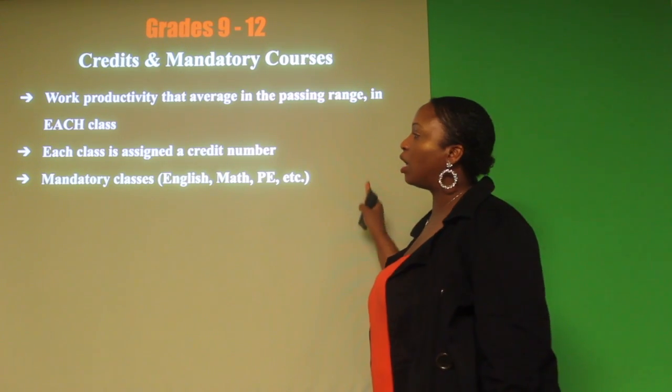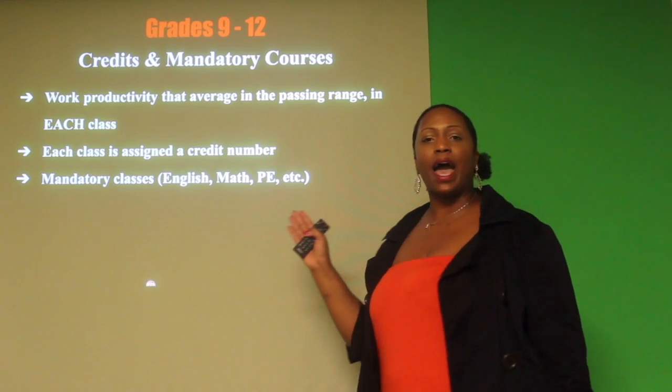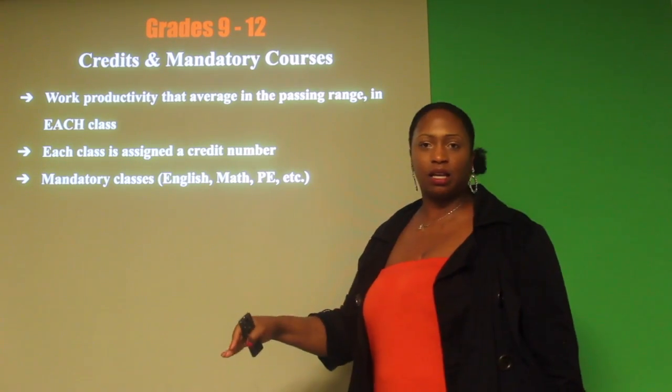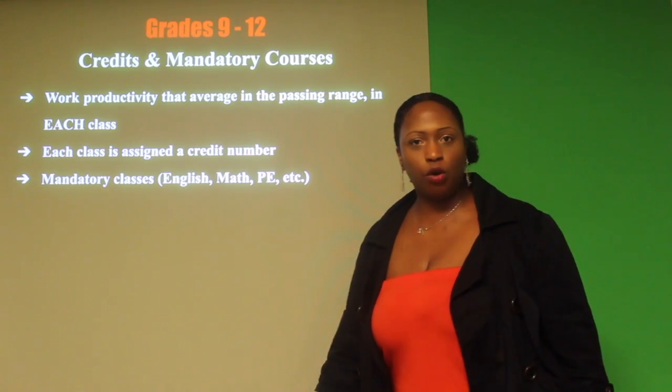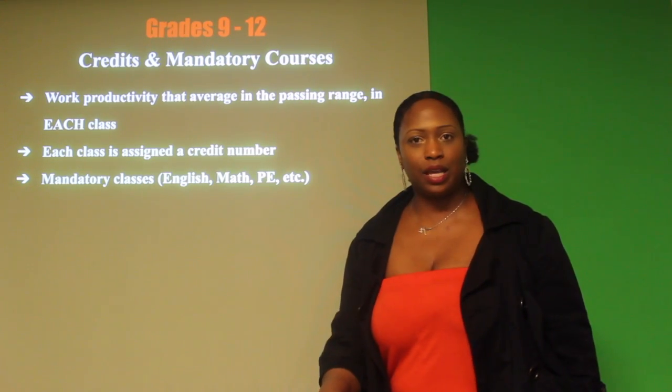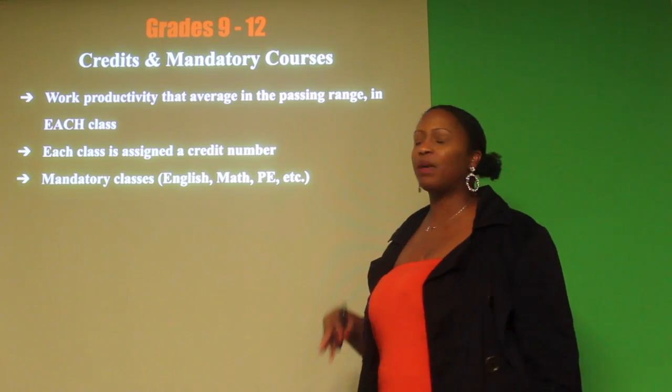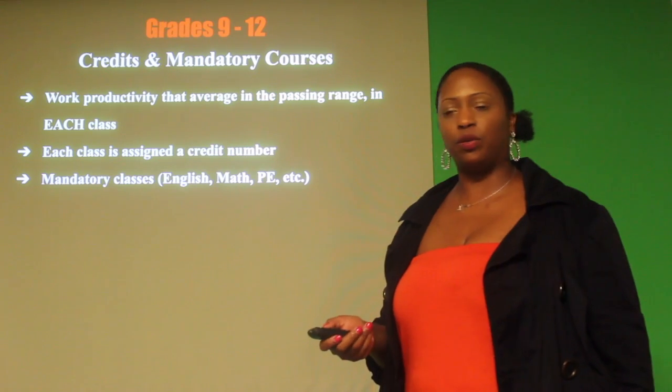Okay, so this is something brand new that they're adding into the mix that kids had no idea of. It's mentioned in orientation, it's in the student handbook, but it's not a part of the everyday language, and it becomes really confusing for some students.